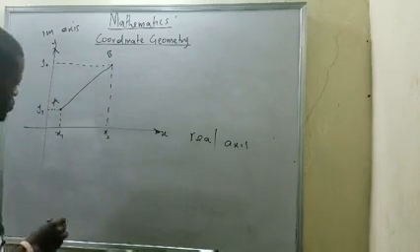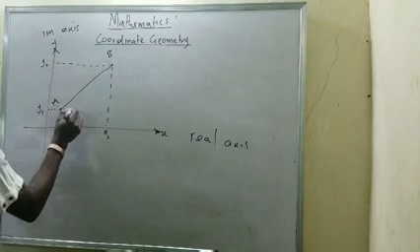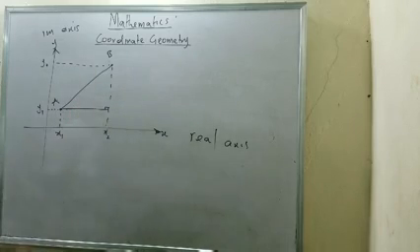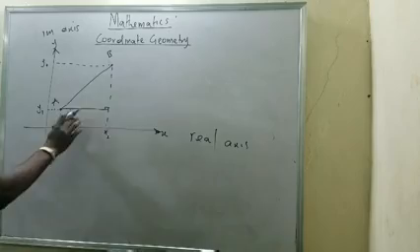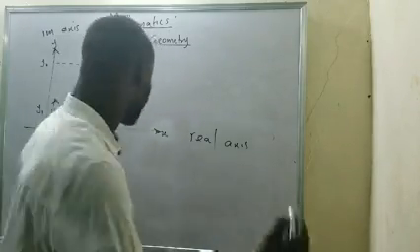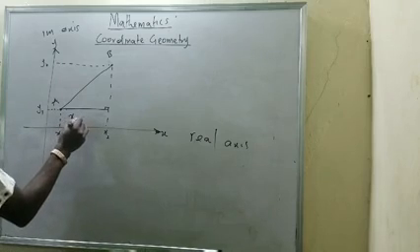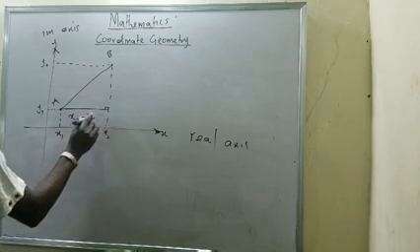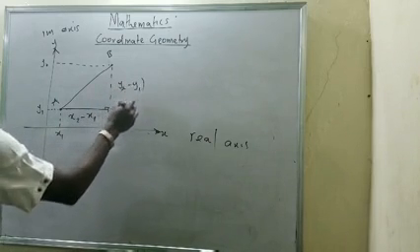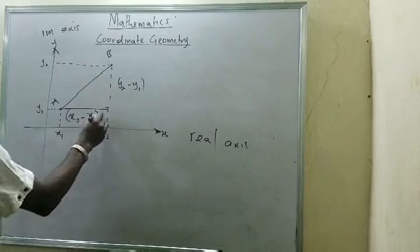Now, I want to find the distance between these 2 points. This is the right angle triangle, and from here to here, to find the distance, final minus initial. It means x2 minus x1. It means here will be y2 minus y1. That is my distance in units.